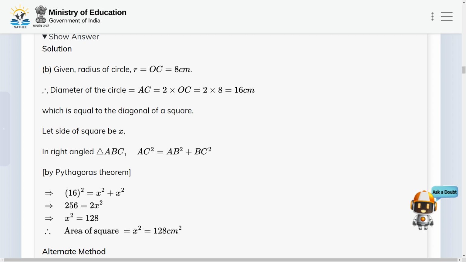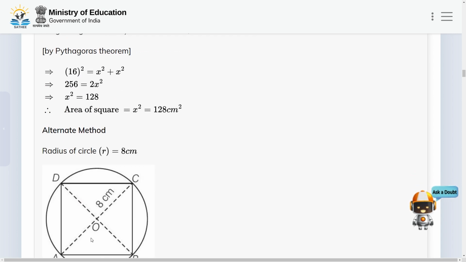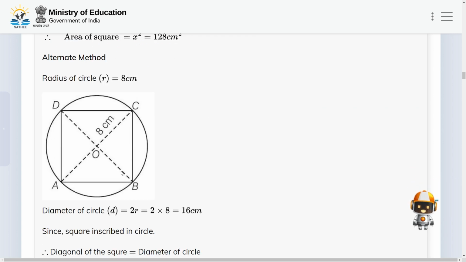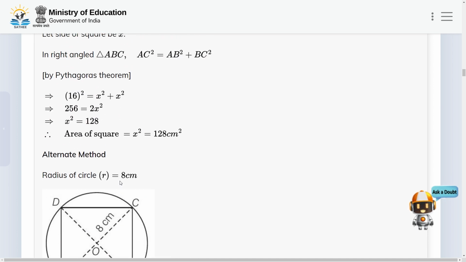And now let us consider side of the square be x. In right angle triangle ABC, here AC square is equal to AB square plus BC square, by Pythagoras theorem.